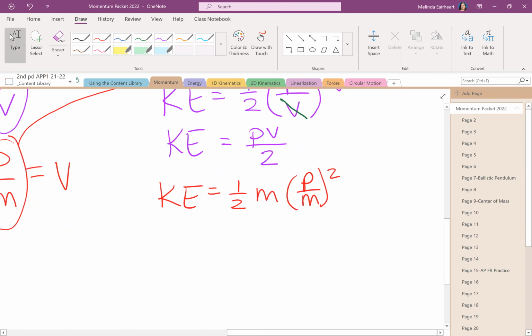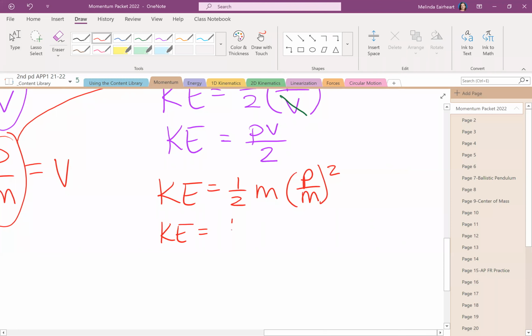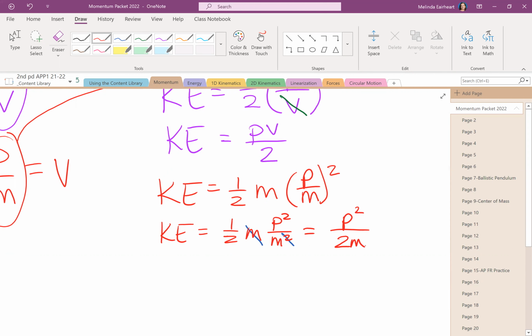And so we would have KE equals 1/2 M times P squared over M squared. And we can reduce the mass by one set. And we'd end up with momentum squared over 2M. Or you can say 1/2 momentum squared over M, right? I just combined the two denominators.